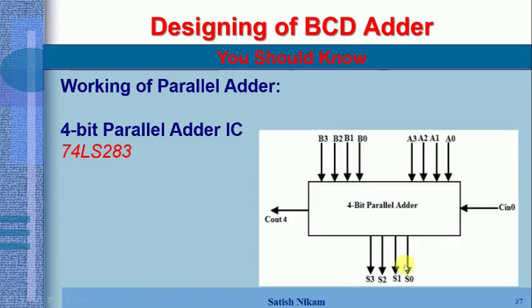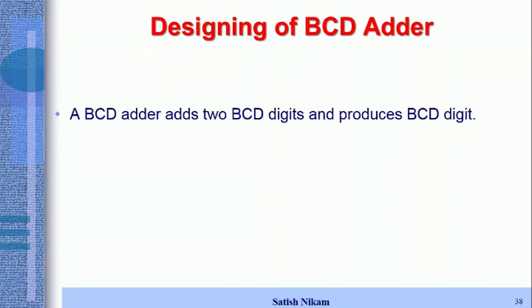This is the block diagram of IC 74LS283, in which we have 4-bit data A0, A1, A2, A3 and another 4-bit data B0, B1, B2, B3, which is supposed to be added. Before this addition, we have to give the carry input. For this addition, we get the result summation S0, S1, S2, S3 and the carry bit.